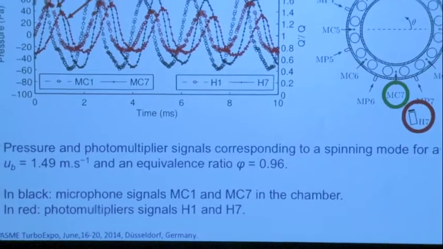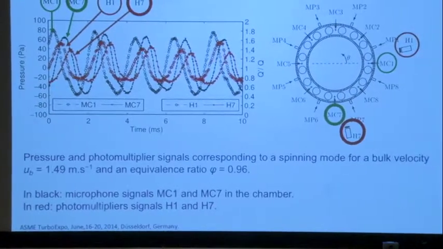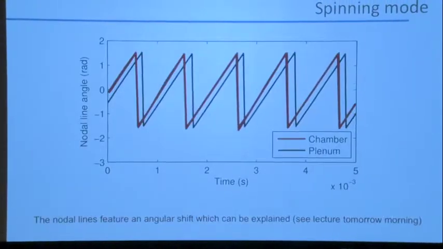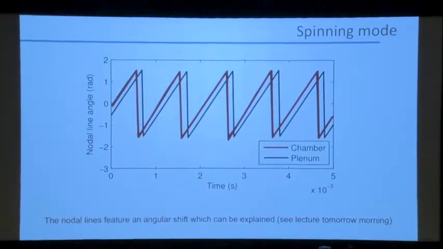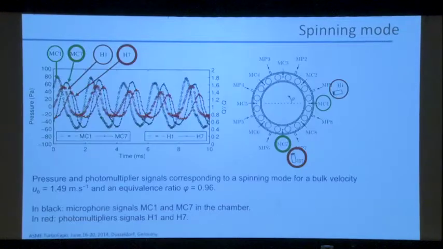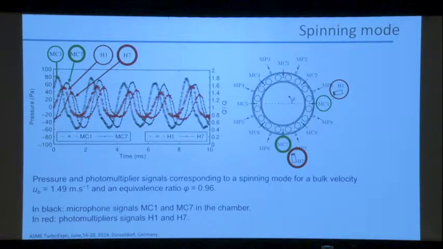Yeah. This shows more or less this slanted mode, and I'm not going to describe that in all details. But what is interesting also, no, it's still the spinning mode.